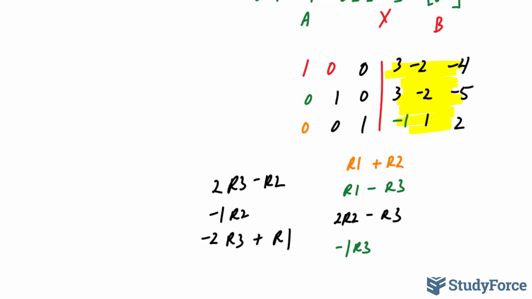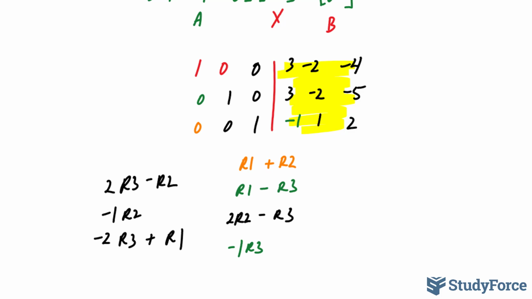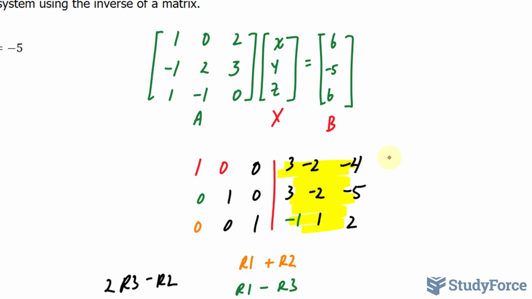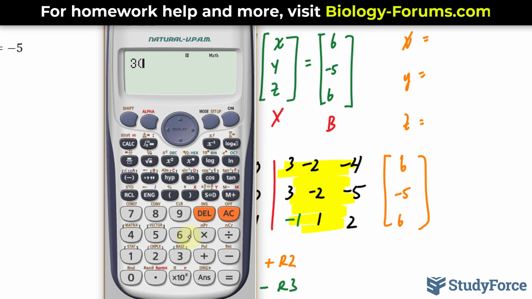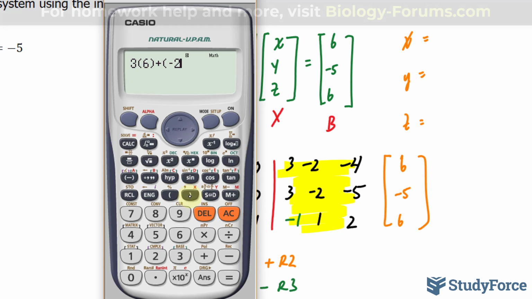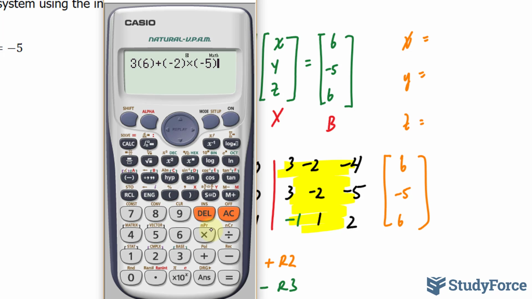And what we do next is multiply this matrix with B. And by doing that, you should end up with your variables x, y, and z. Let's start with x. Using our calculator, we have 3 times 6 plus negative 2 times negative 5 plus negative 4 times positive 6.